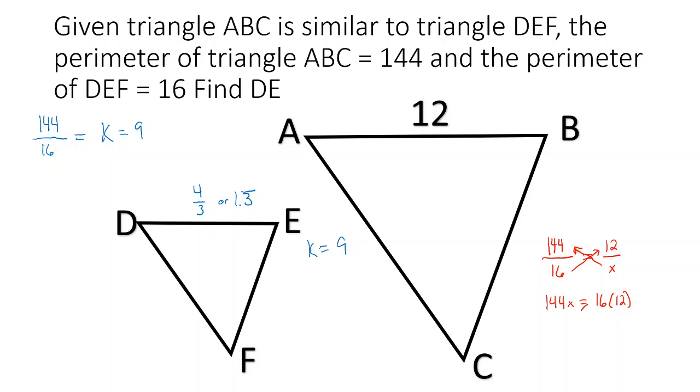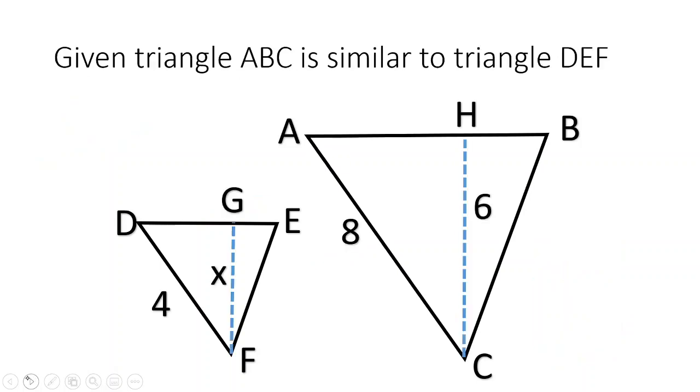So now we have 16 times 12 equals 192, so 192 equals 144x. Now we divide by 144, and we get x equals 1.333 repeating. Same thing I got doing it the other way. Both ways work. It doesn't matter which one you use, whichever one's easier for you.